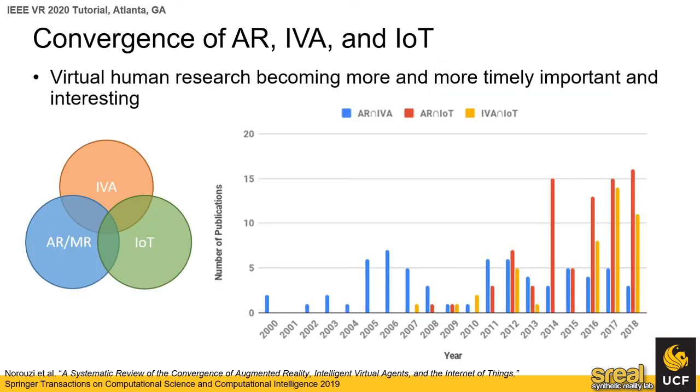Our recent survey also supported the increase of such convergence research in the field. So our tutorial today that presents how to develop interactive virtual characters would be a good starting point to jump into virtual human research.